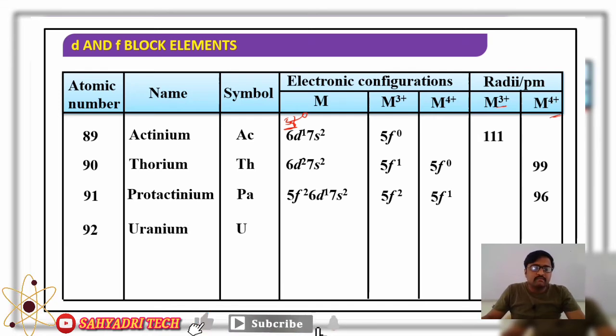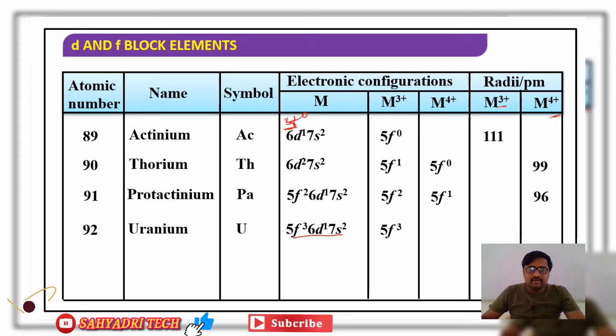Then atomic number 92, uranium, U is the symbol, with electronic configuration 5f3 6d1 7s2. In the +3 ion the configuration is 5f3, and in +4 it is 5f2. In the +3 oxidation state its ionic radius is 103 picometer, and in the +4 oxidation state uranium shows 93 picometer.